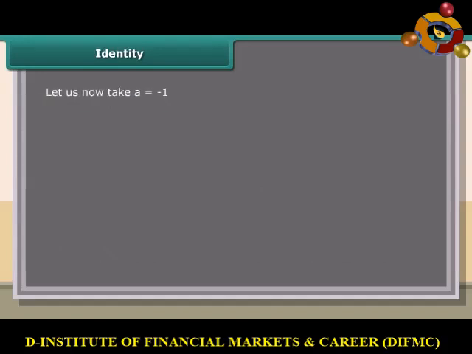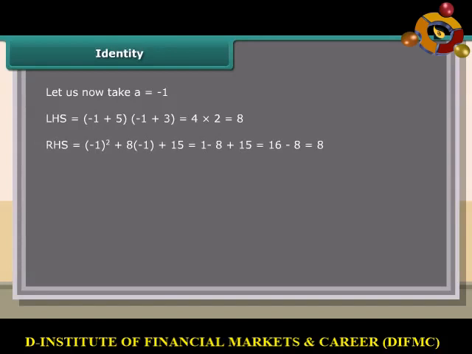Let us now take a as minus 1. LHS is equal to (minus 1 plus 5) into (minus 1 plus 3) is equal to 4 into 2 is equal to 8. RHS is equal to minus 1 square plus 8 into minus 1 plus 15 is equal to 1 minus 8 plus 15 is equal to 16 minus 8 is equal to 8.